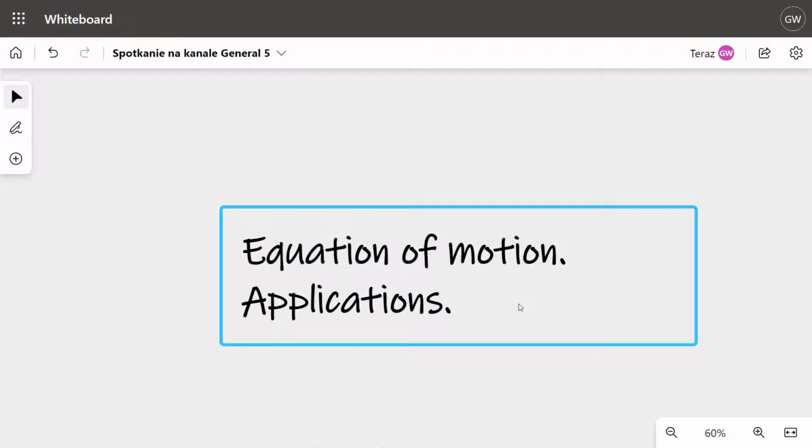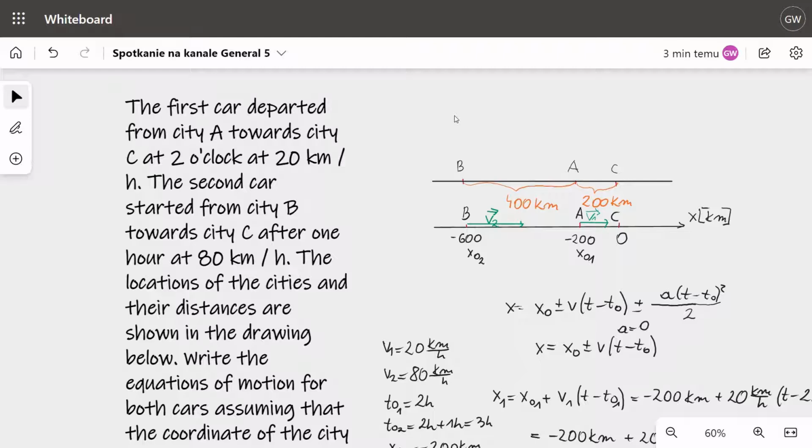In today's task we have two cars moving along a straight line with constant speed. The first car departed from city A towards city C at 2 o'clock at 20 km per hour. The second car started from city B towards city C after 1 hour at 80 km per hour.